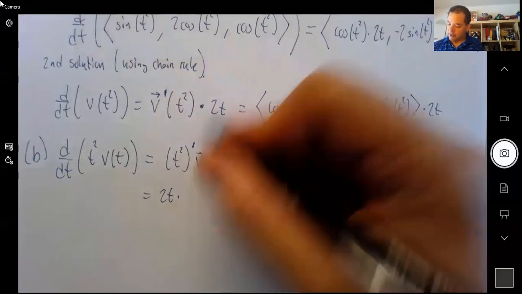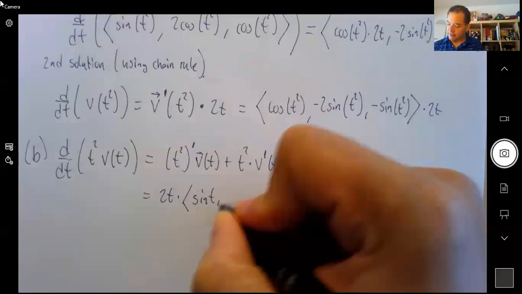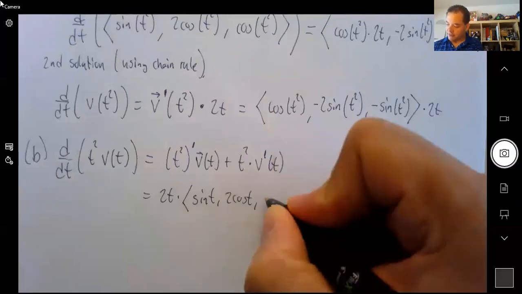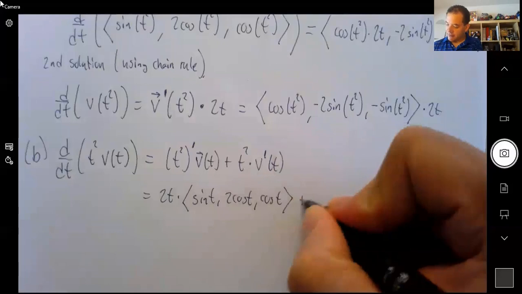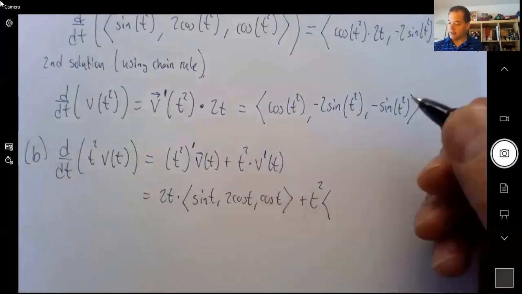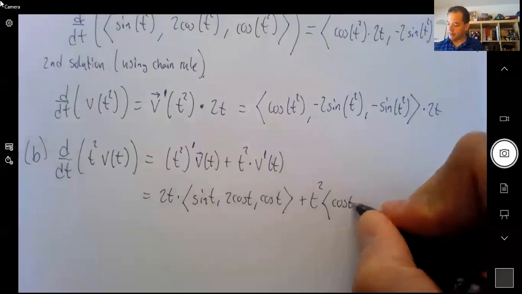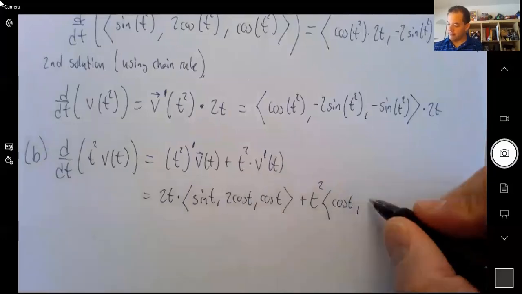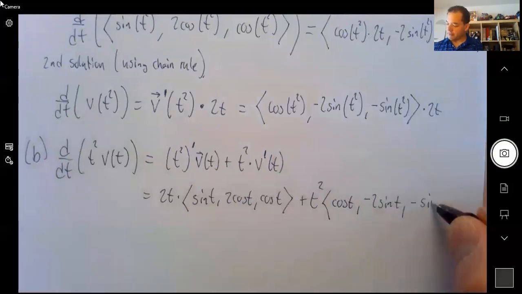V, I just copy, so it's sine t, 2 cosine t, cosine t. And the derivative of v is also easy: the derivative of sine is cosine, the derivative of 2 cosine is negative 2 sine, and the derivative of cosine is negative sine.